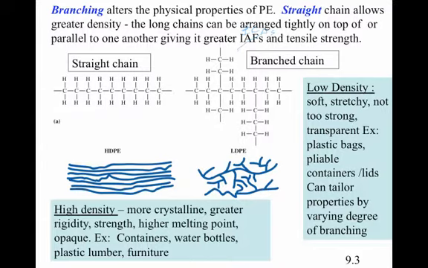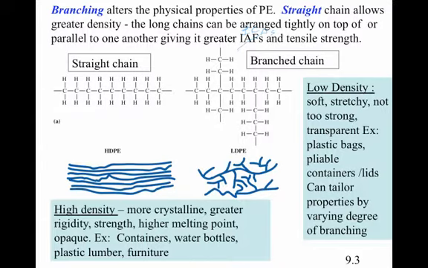Branching alters the physical properties of polyethylene. The first polyethylene was branched, and that's called low density polyethylene. The different strands cannot get close to one another because of all this branching. We see it used today a lot in plastic bags that you pick up at the grocery store. It's soft, it's stretchy, it's not too strong.